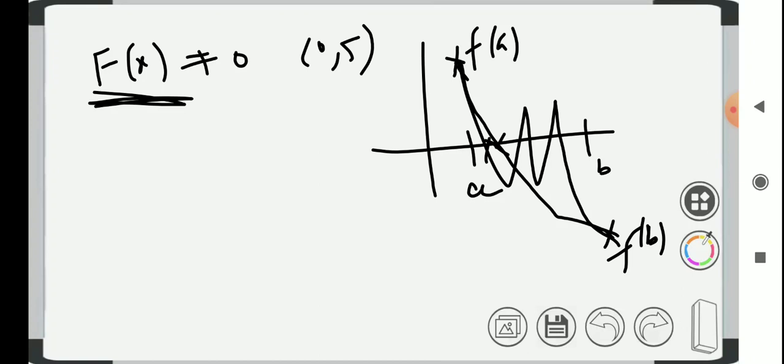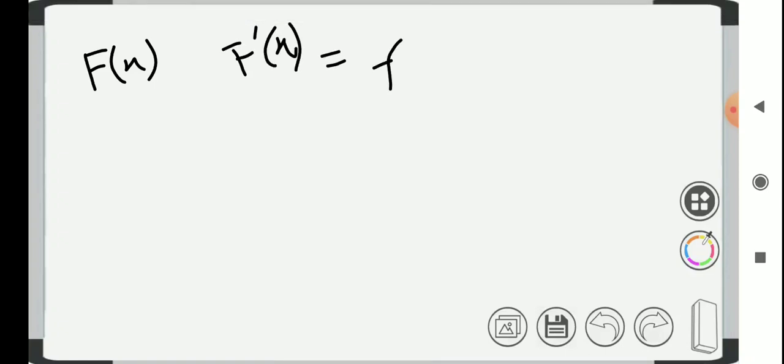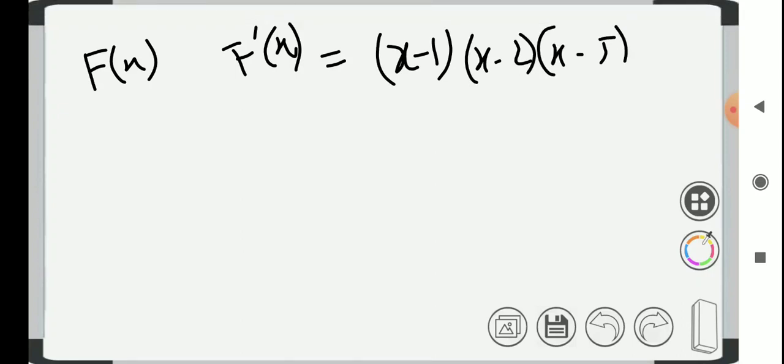From this property we will deduce whether F of x can be 0 in the interval 0 to 5. For this, let us look at the graph of the derivative of this function. F dash of x is actually f of x, which is x minus 1, x minus 2, x minus 5.